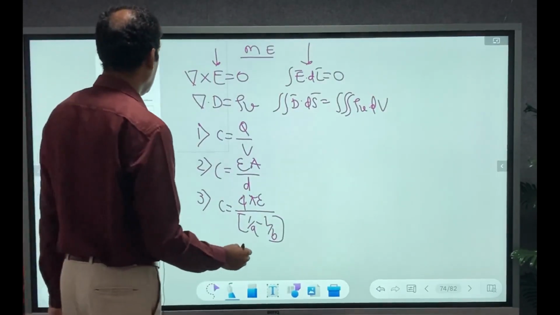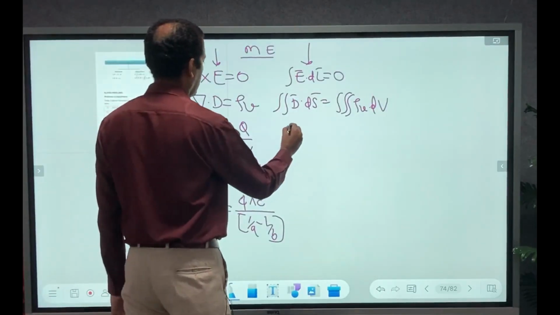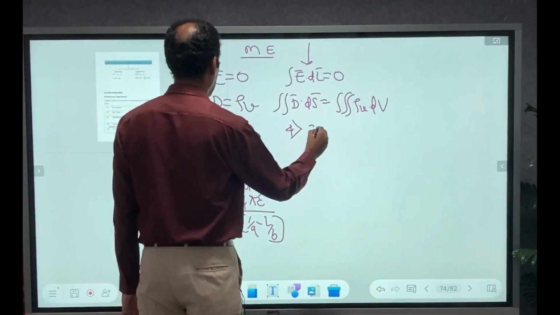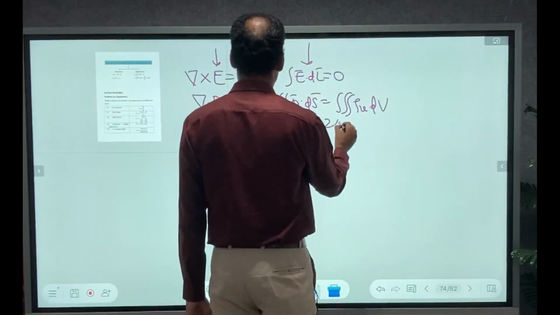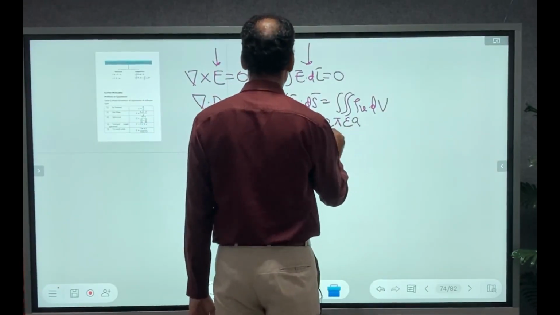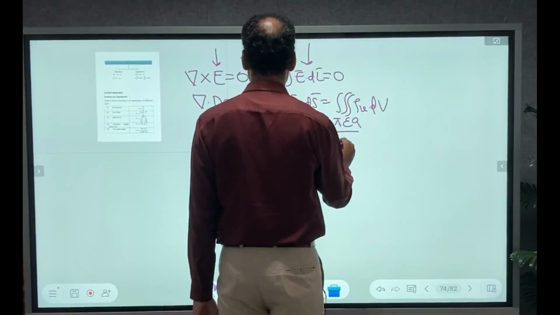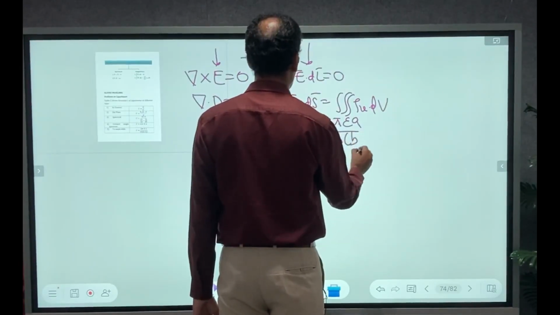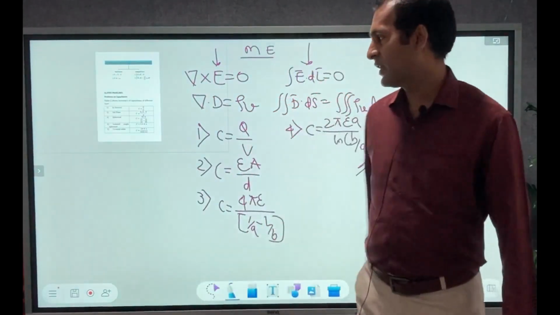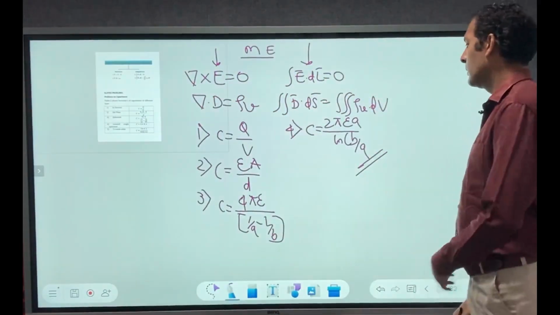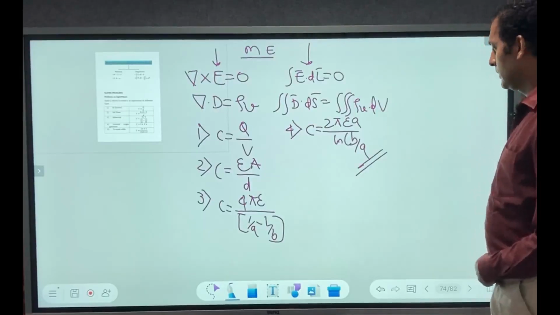Then we also derived the expression for coaxial cable: C is equal to 2 pi epsilon L divided by log of b by a. This is the summary of the capacitance topic, which comes under the voltage chapter.